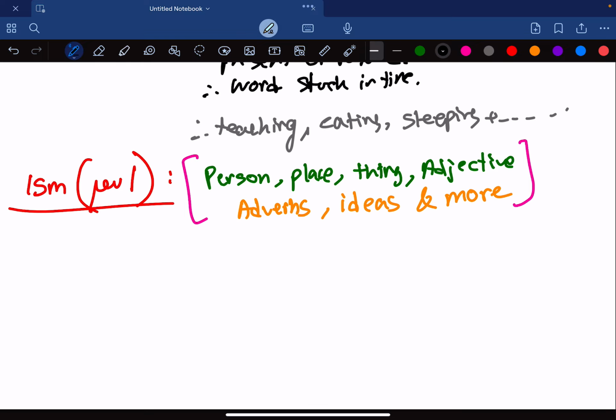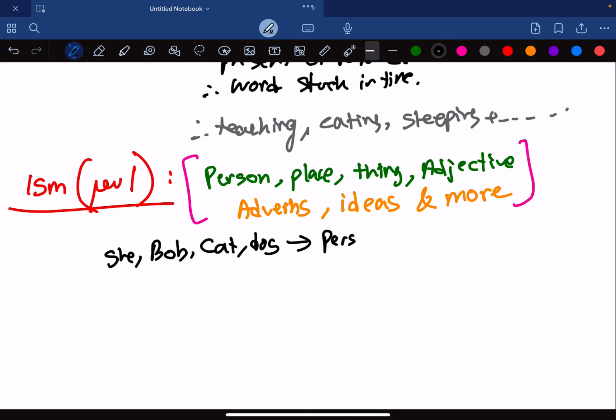Let's say she, Bob, I don't know, cat, dog. What are they? Things, person, maybe, cat, dog. Well, people in the West treat their pets as people, so that's certainly right. What about places?